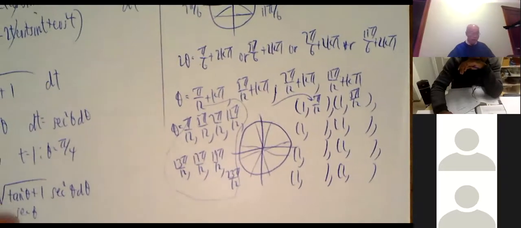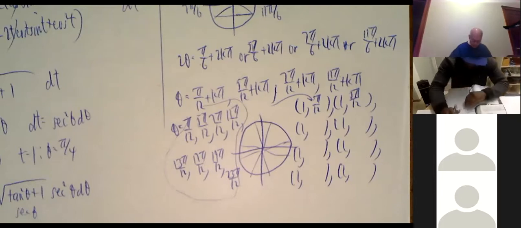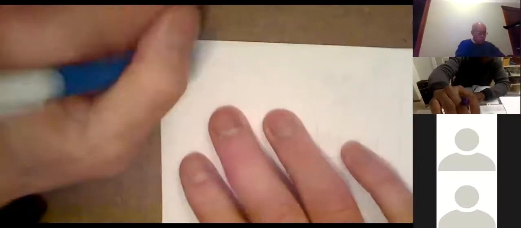Okay, so let's see. That was 10.4, 39, and then 29. Yes, 29.